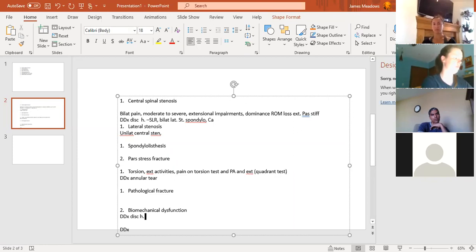But this is basically the way it works. The problem is, my guess is you were taught probably very similar to the way I was taught, and that is you were given, in the classes, this is what a disc herniation looks like, this is what central stenosis looks like, and you were given a list of things that make that up. Is that pretty much it?